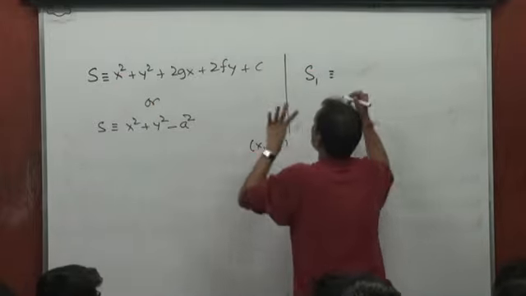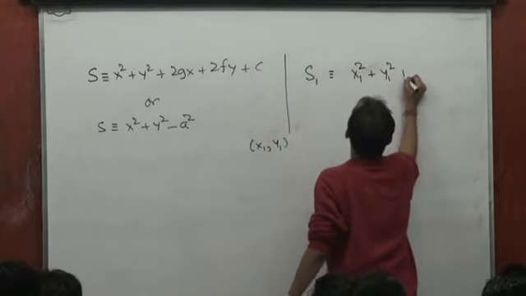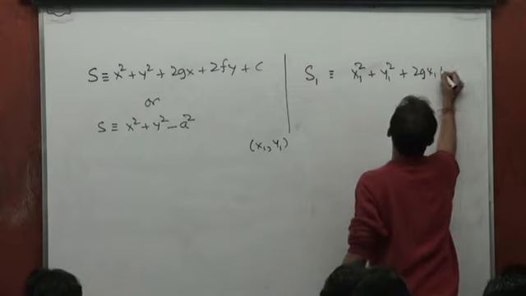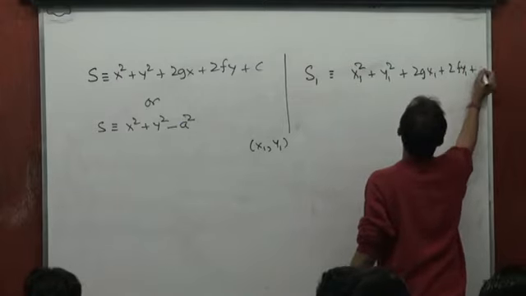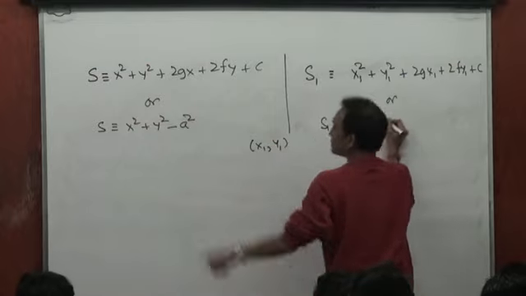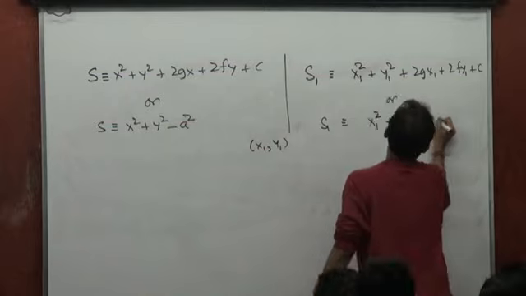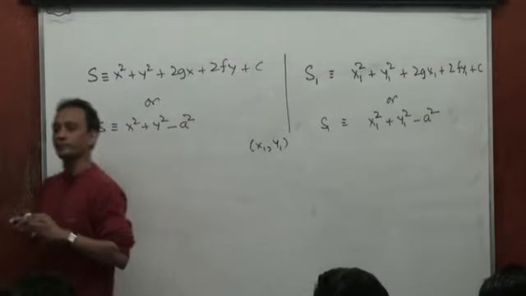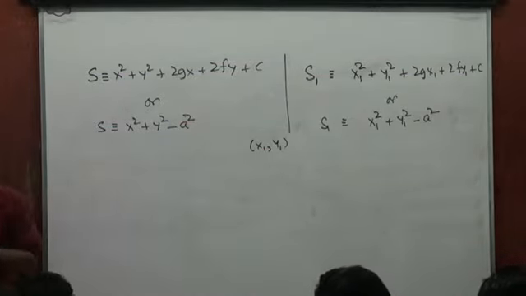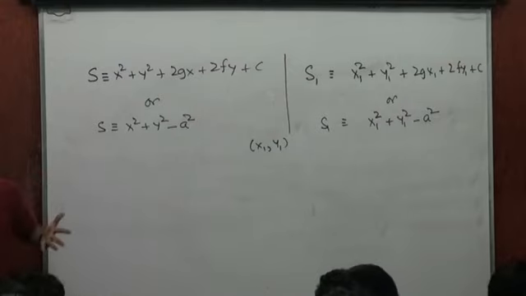Then S1 would mean x1 squared plus y1 squared plus 2gx1 plus 2fy1 plus c, or if it's this S, then S1 would mean x1 squared plus y1 squared minus a squared. Right? You know what I'm saying? This is the meaning of S1. I'm introducing terminology to you right now.